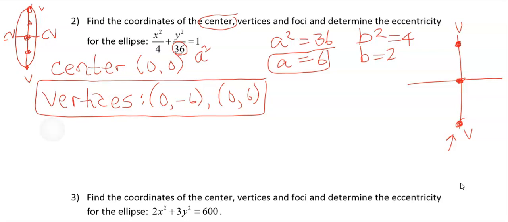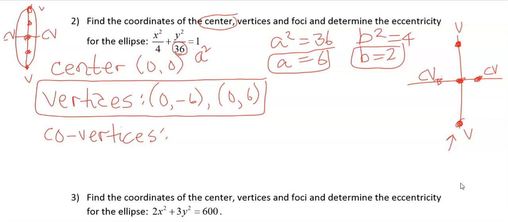Okay, so what about the co-vertices? Now remember that in this case, that would be left and right from the center, B units. So there's my B. Look, B is 2. So I go 2 to the right, and I end up approximately there. There's one co-vertex. And I go 2 to the left, and that would be approximately there. There's my other co-vertex, right? It's elongated vertically this time.